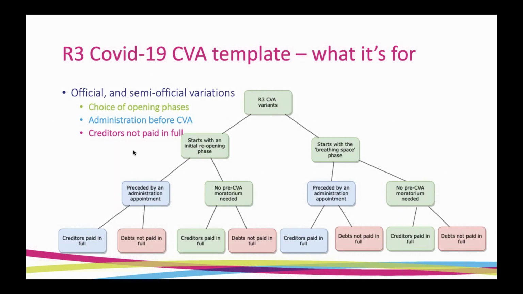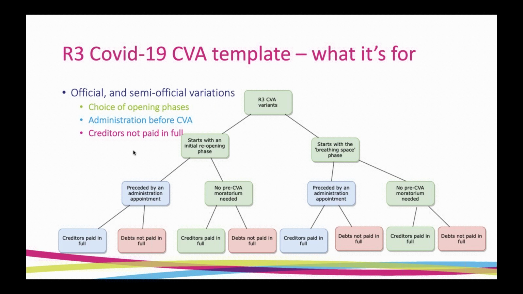There are some semi-official variations that are freely available and that are worth considering. So in addition to these two possible routes into the CVA, the two alternative opening phases, there are also variations that deal with a situation where perhaps the business needs creditor protection in the form of an administration before the CVA starts.